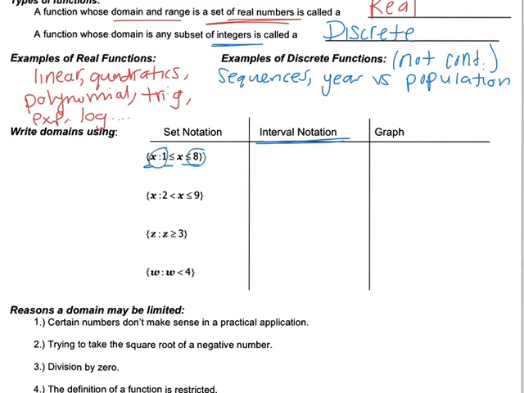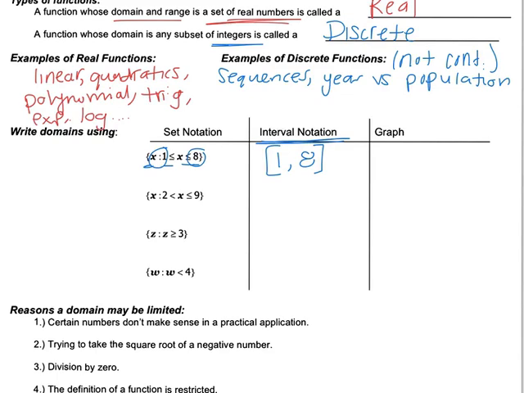So in this case, since x is greater than or equal to 1, we have our lowest value of 1, our greatest value of 8, and since 1 is included, we will use brackets on that. 8 is also included, so we'll use brackets on that. So this should be a review for all of you on how to write these.